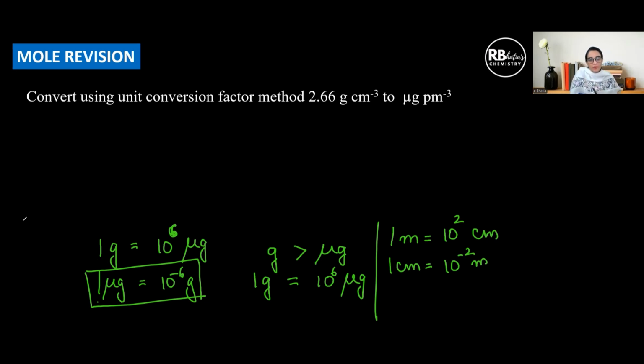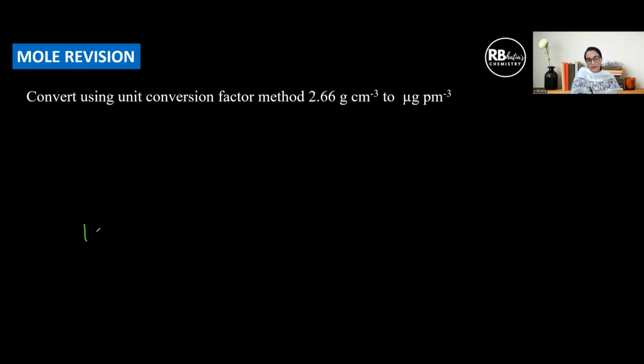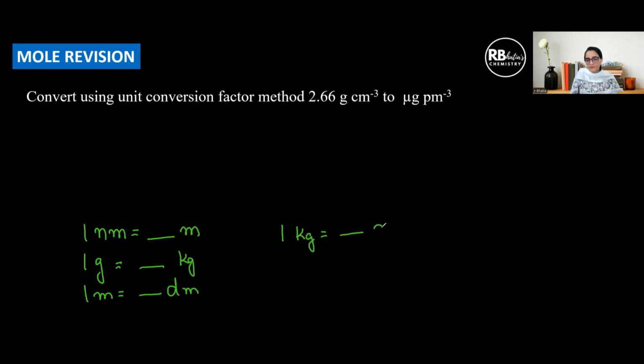Okay. So just to test you, fill in these blanks. 1 nanometer is equal to dash meter. 1 gram is equal to dash kg. 1 meter is equal to dash decimeter. 1 kg is equal to dash gram. 1 meter is dash millimeter.